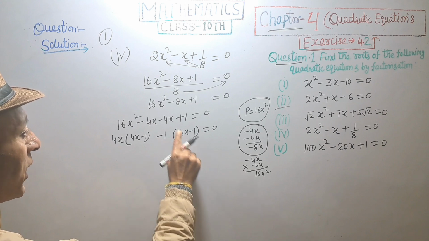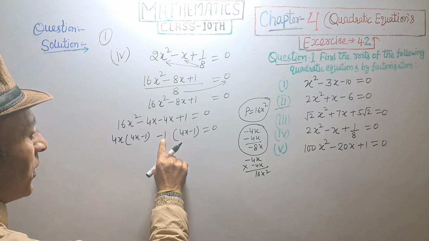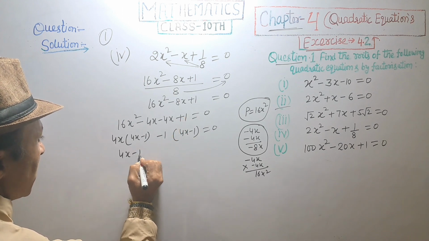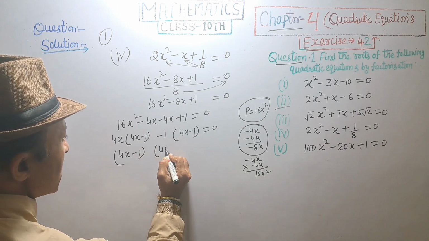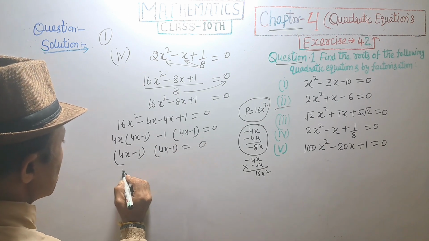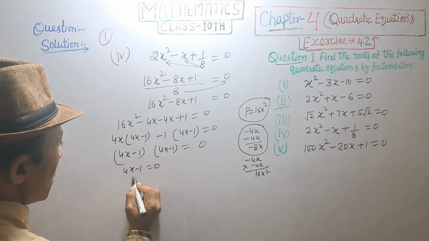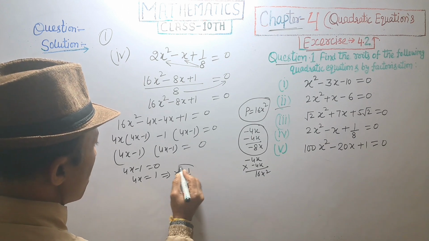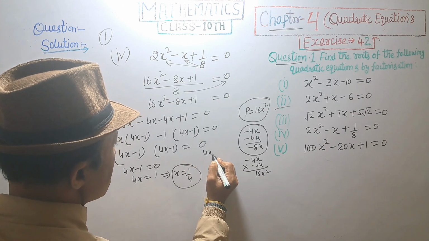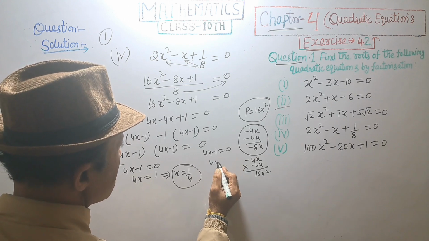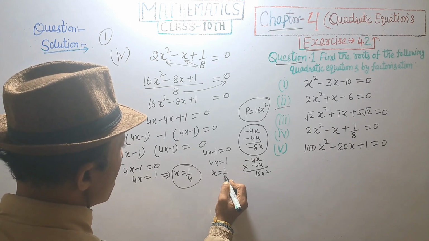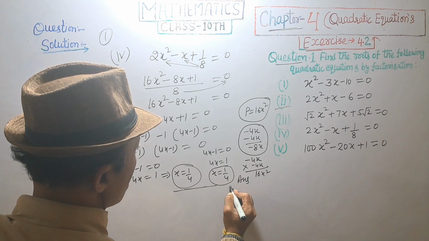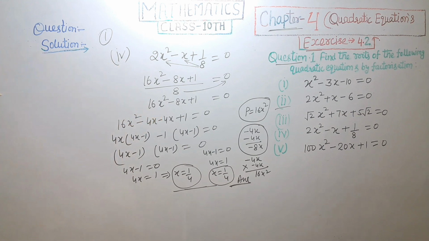Minus 1 multiplied by 4x is minus 4x, minus 1 multiplied by minus 1 will be positive 1. So (4x minus 1) is one root and (4x minus 1) is another root, equal to 0. 4x minus 1 equal to 0, 4x equal to 1, this implies x is equal to 1 upon 4. And the same, 4x minus 1 equal to 0, x is equal to 1 by 4. So the answer is 1 by 4, 1 by 4, equal roots.